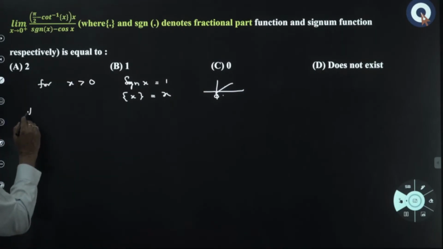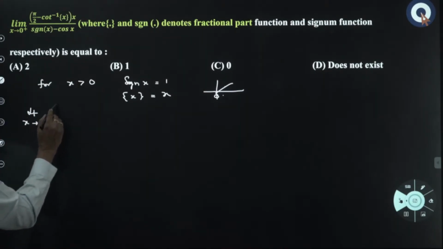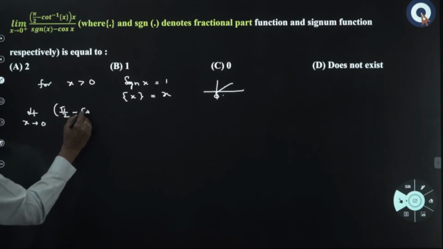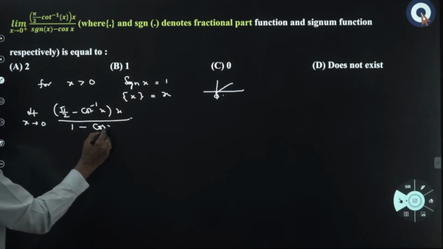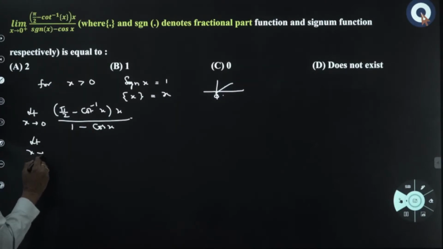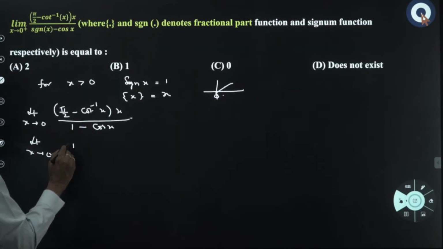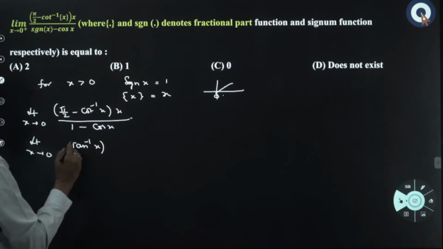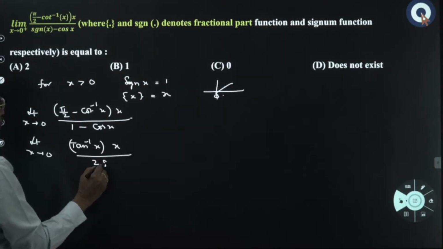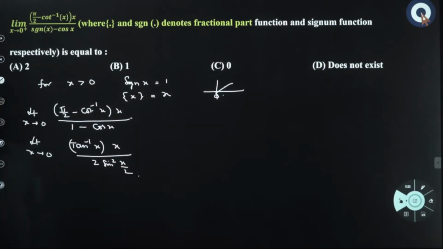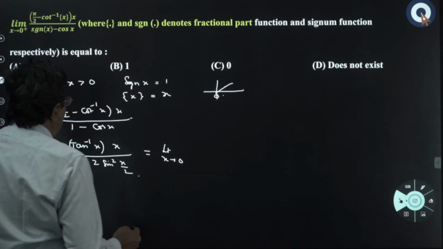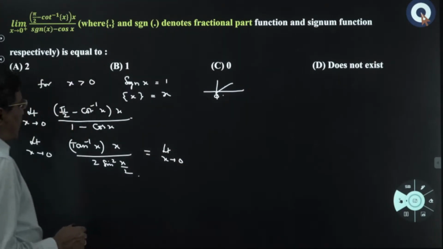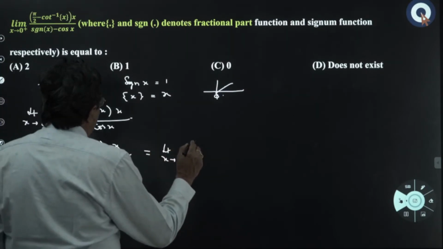So therefore the problem becomes limit x tends to 0 plus pi by 2 minus cot inverse x into x by signum x is 1 minus cos x. Pi by 2 minus cot inverse x is tan inverse x, into x by 2 sin square x by 2. Actually, you can use infinitesimals also, or you can multiply and divide with x square.